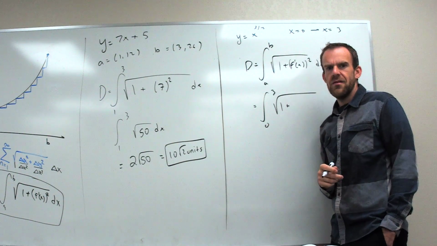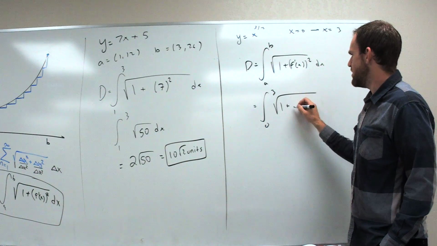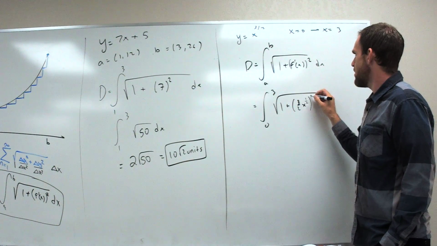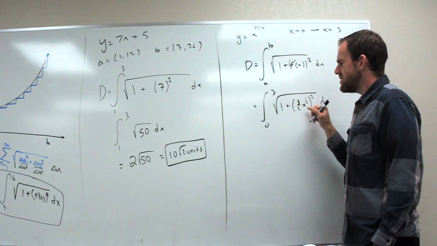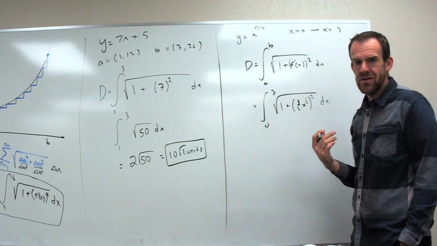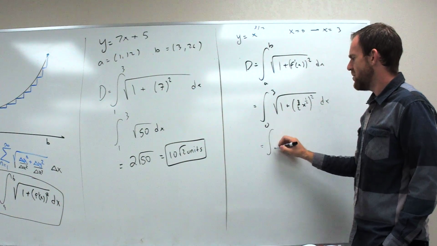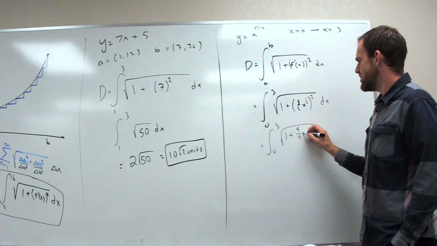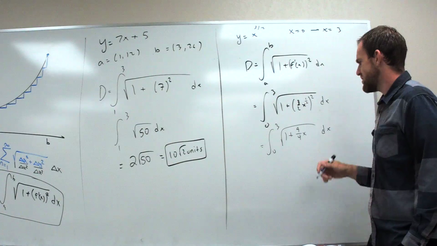The derivative of x to the 3/2 is 3/2 x to the 1/2. Since we have x to the 1/2 squared, we know that that cancels each other out. So we have the integral from 0 to 3, the square root of 1 plus 9/4 x dx.